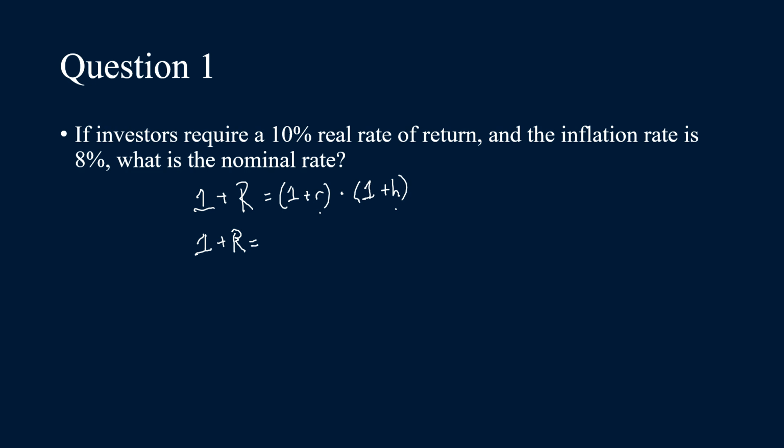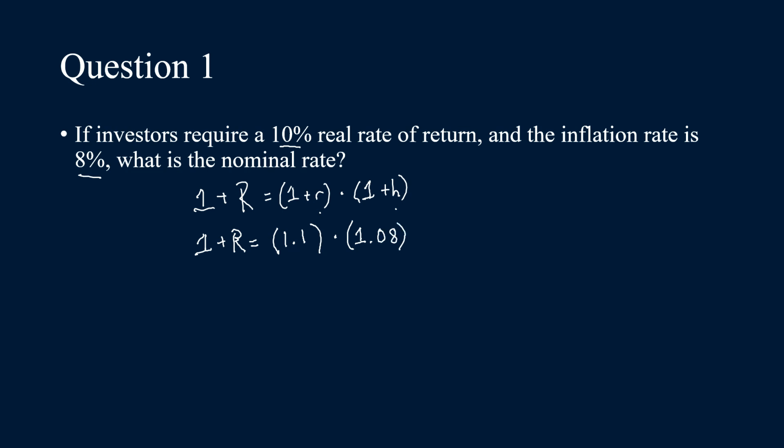So we have 1 plus, and our real rate of return is 10%, so we're going to write 0.1, times, and we have our inflation rate of 8%, so that's going to be 0.08.